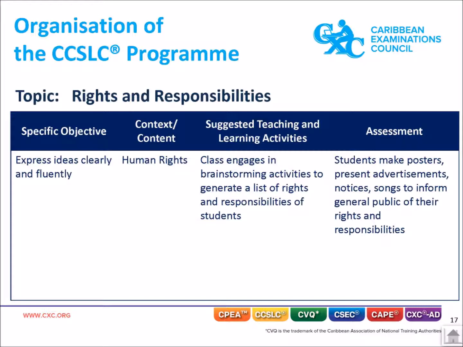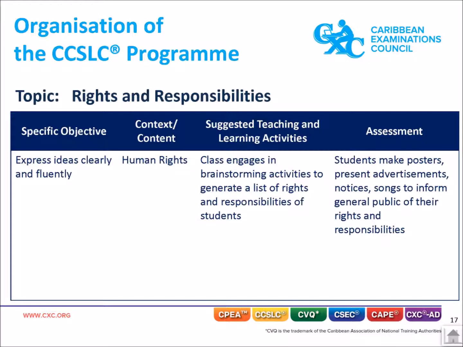For the assessment, after the brainstorming and discussions, students will make posters, or present advertisements, notices, or songs to inform the general public of their rights and responsibilities. So when we look at the program, each subject area is broken down this way.